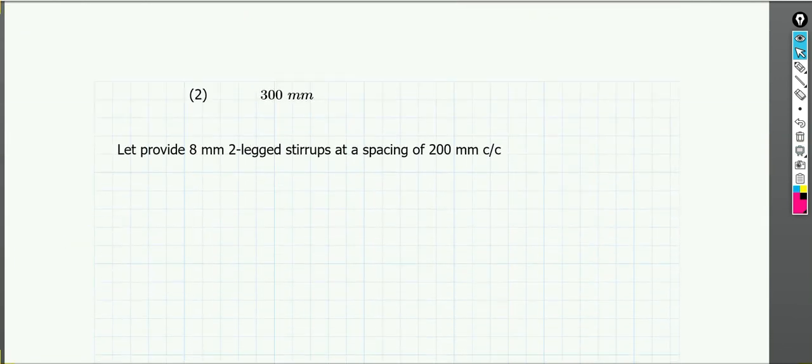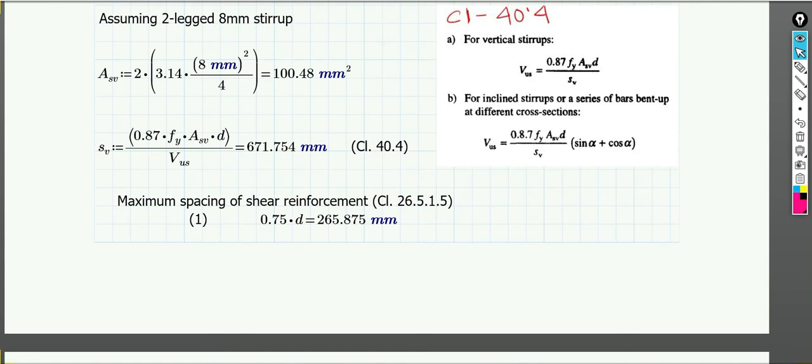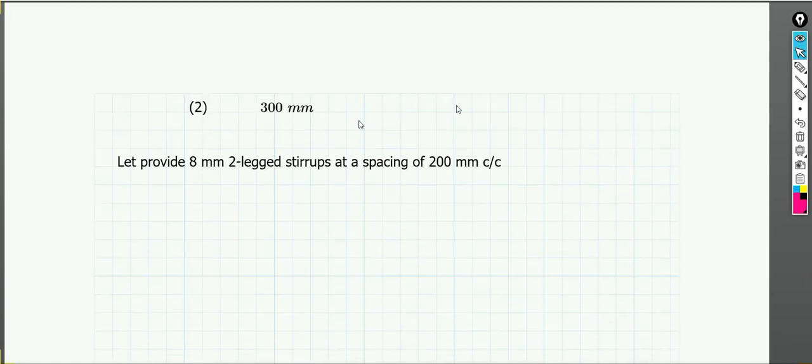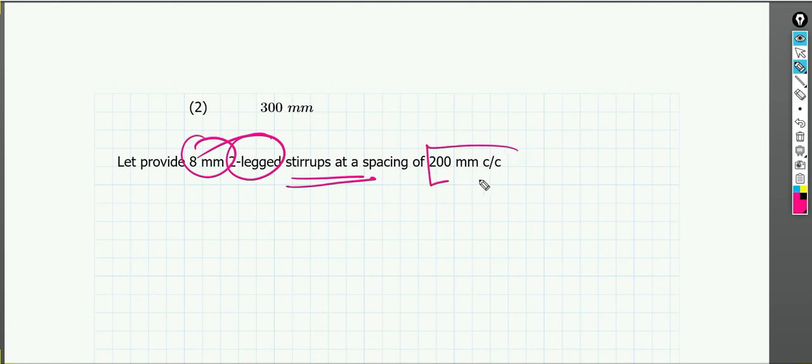Here we are getting 265 mm, that is 0.75 into d, so we are going to provide 8 mm 2-legged stirrups at a spacing of 200 mm center to center. I think this would be able to take the excess shear coming to the section. With this we can conclude the design of the doubly reinforced beam.